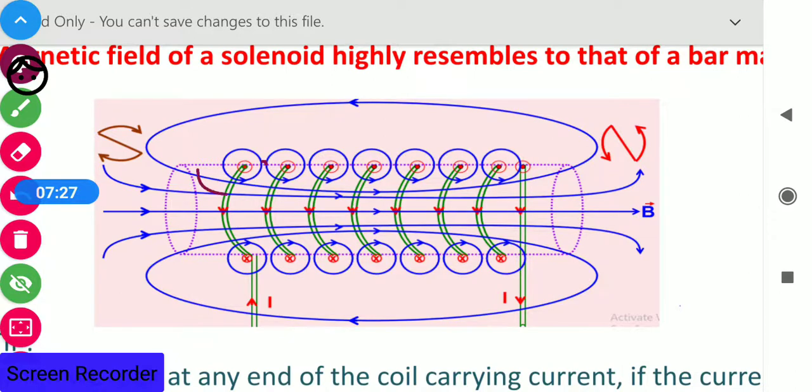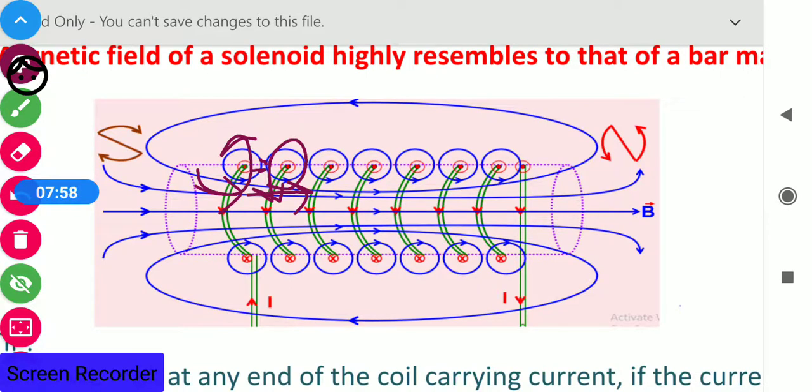Because of this circle, the magnetic field is in the upward direction, and because of this circle, the magnetic field is in the downward direction. At this point, just adjacent to it, one is coming out of the paper and one is going into the paper. Both are in opposite directions. So at this point, the magnetic fields cancel the effect of each other, while at this point both are in the same direction.